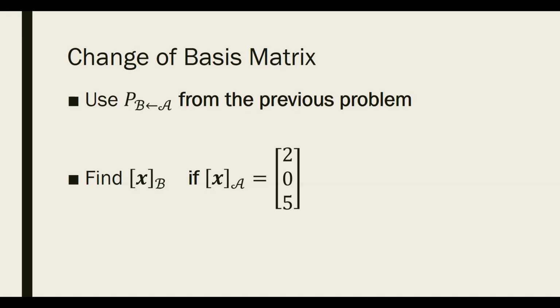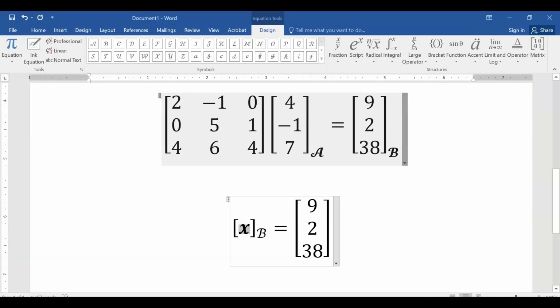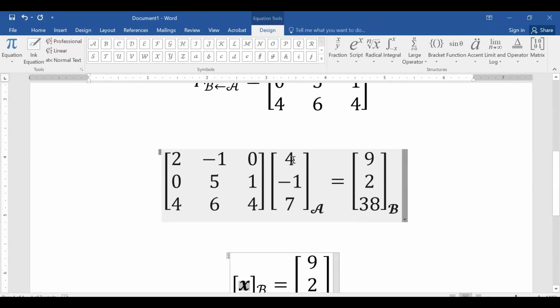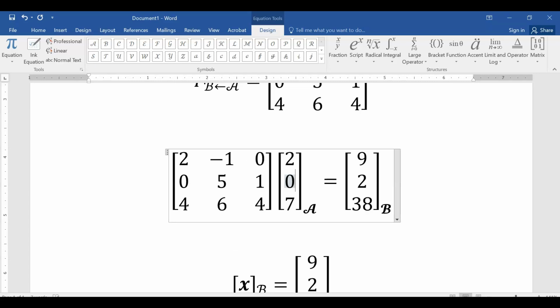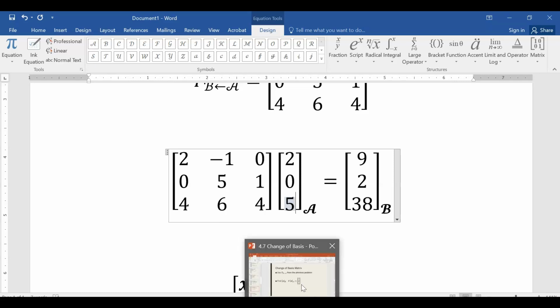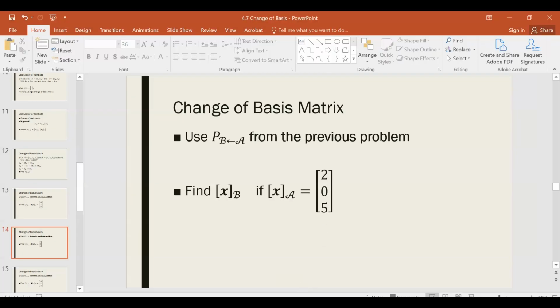So in this case, all we have to do is change our vector here from what we had before to the vector 2, 0, 5.